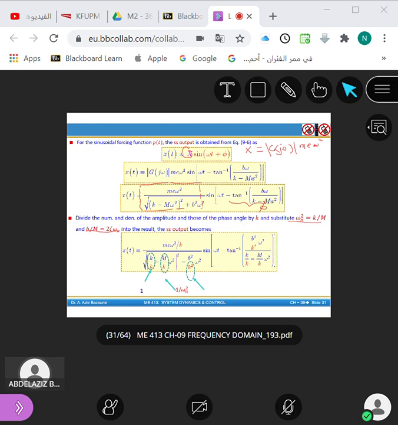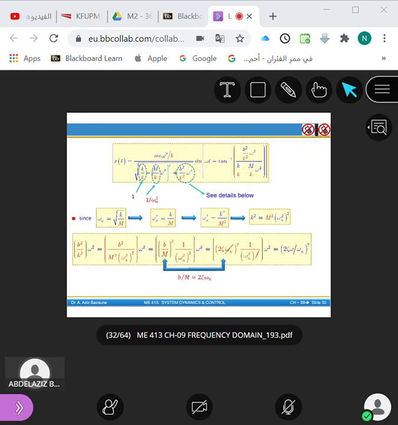We divide by K everywhere, so we end up with this formula. B over ωn² can be written as twice zeta over ωn, and K² can be written as (Mωn²)². So if you see these details here, we will end up with the equation in this form.